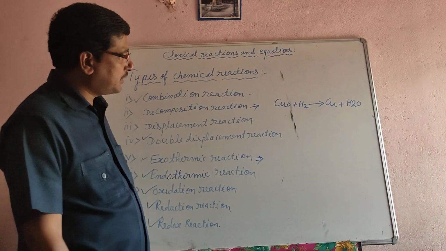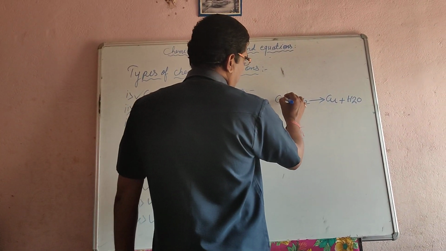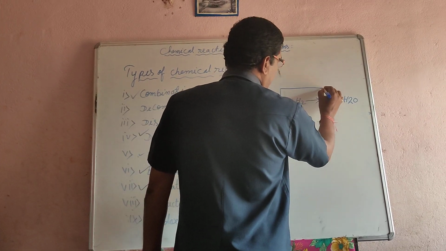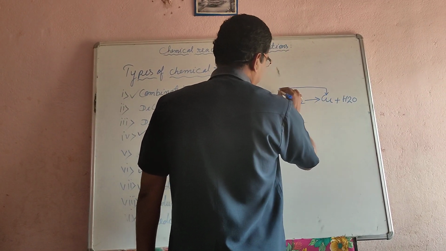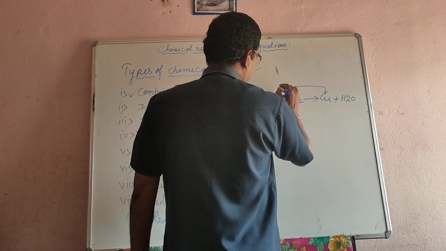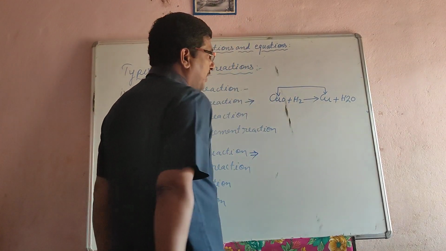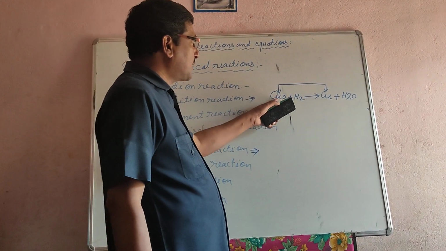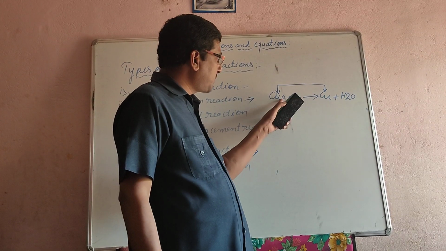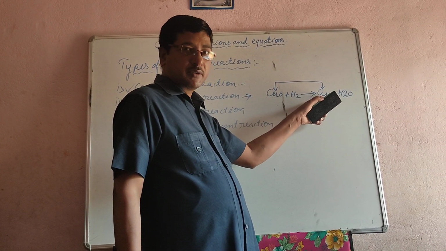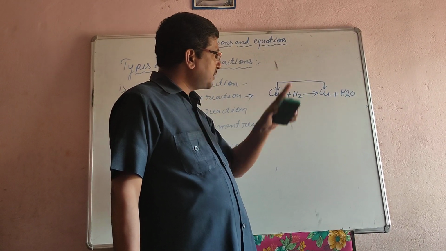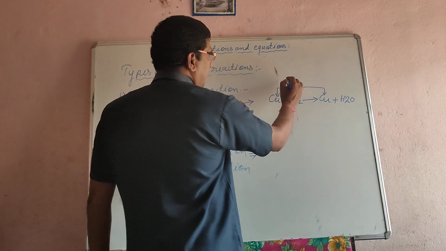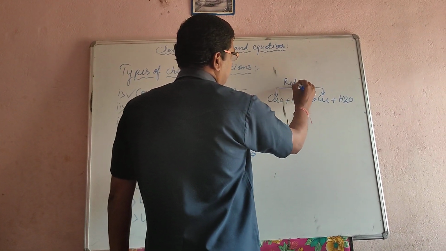In this reaction, this copper oxide is changed into the copper. Copper oxide has lost the oxygen. Here oxygen is available, but here there is no oxygen. Loss of oxygen has taken place. It means it is reduction.